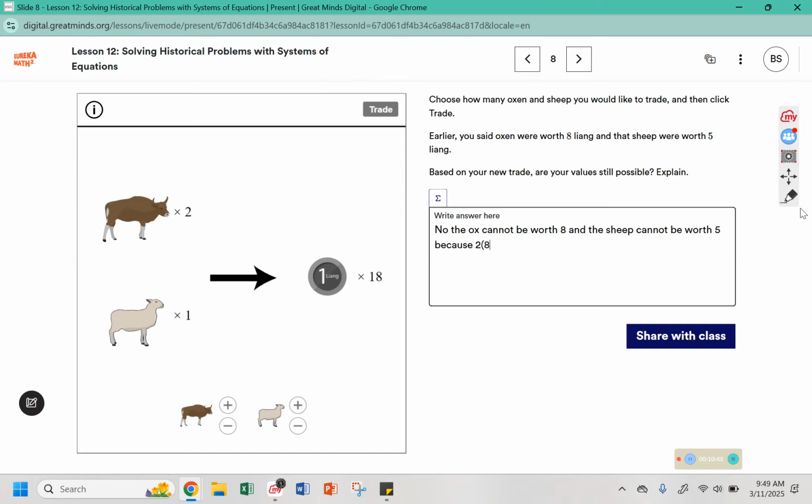Two sets of 8 plus 1, 5 for the sheep, that would be 16 plus 5, which is 21. And that is not equal to 18 liang silver coins.